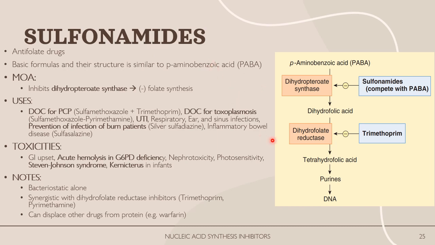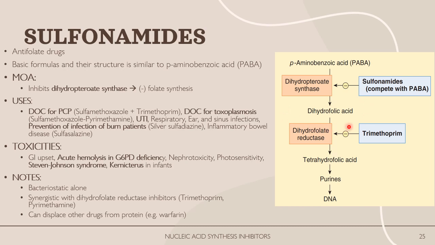This is also the basis of the selective toxicity of your sulfonamides and trimethoprim. So let us review how the bacteria produce folic acid from PABA, or para-aminobenzoic acid. They can produce dihydrofolic acid using your dihydropteroate synthase, and this is inhibited by your sulfonamides.